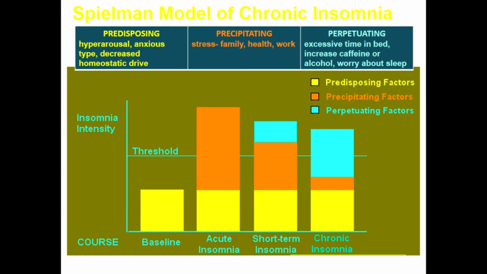And even when the acute stressor is removed, maybe now you've gotten a new job or you're feeling better, these perpetuating factors keep the insomnia alive and keep the insomnia going. That's why some of the treatments that I'll talk about later for insomnia really target these behaviors that are contributing to the insomnia.